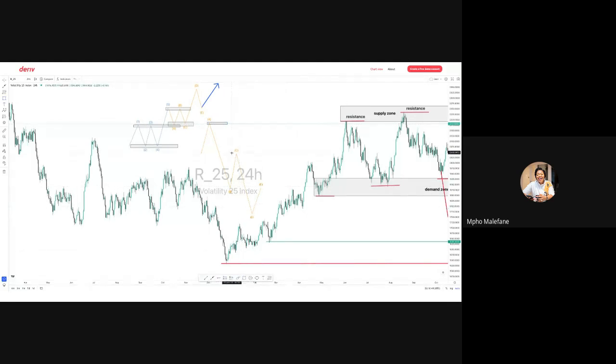This is resistance. Now this was the support, this B was the support. This D was the support. Let me change the color.